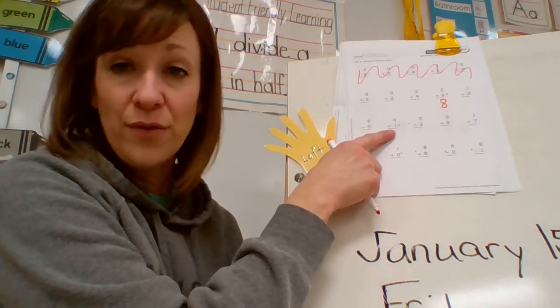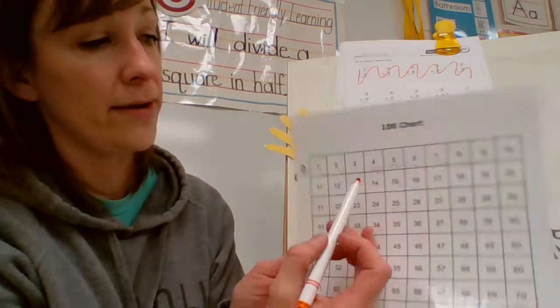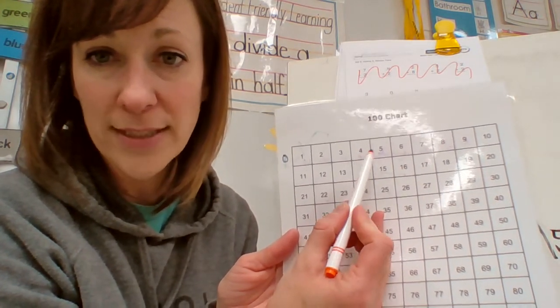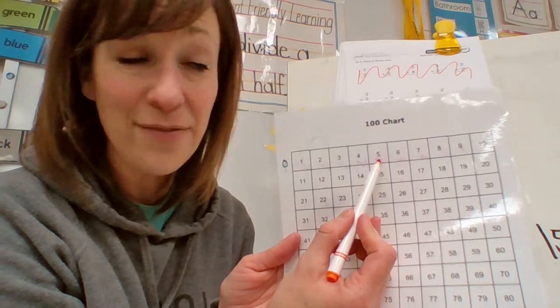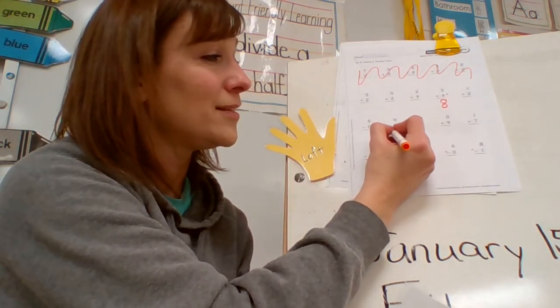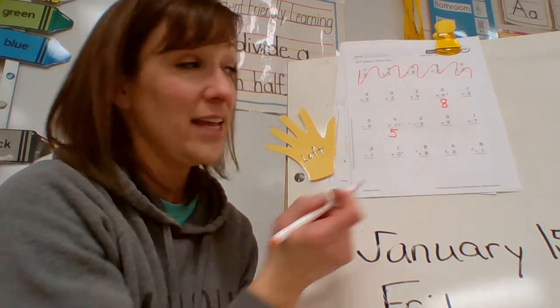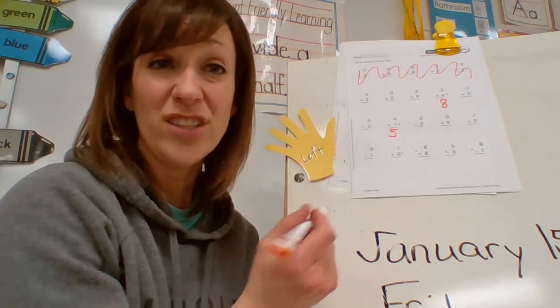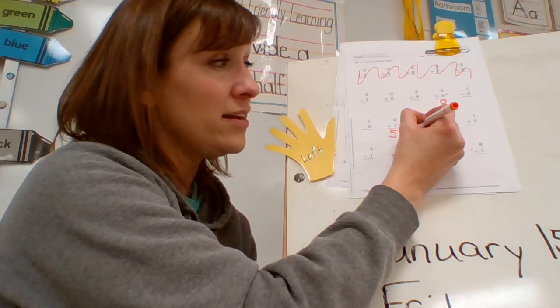Look at the third line, 4 plus 1. Here's a plus 1 fact. 4, hop 1 spot, we land on 5. Now we have 2 minus 2. We'll circle the subtraction sign.